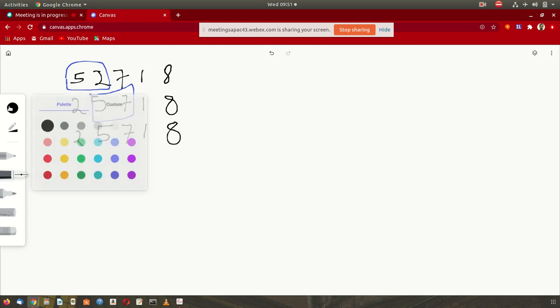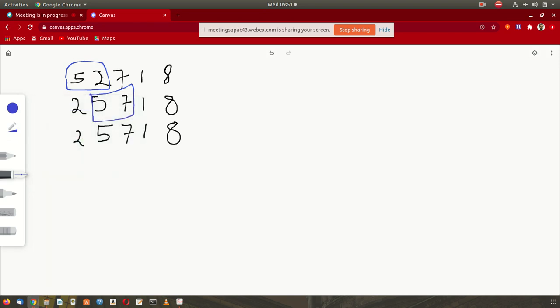Then this particular blue box goes to the next number. We start from 5 and 2, then we go to 5 and 7. Now how have 5 and 7 come here? Because in this first line, 5 and 2, 2 is the smaller number, so 2 comes on the left hand side, and 5 is the bigger number, 5 comes on the right hand side.